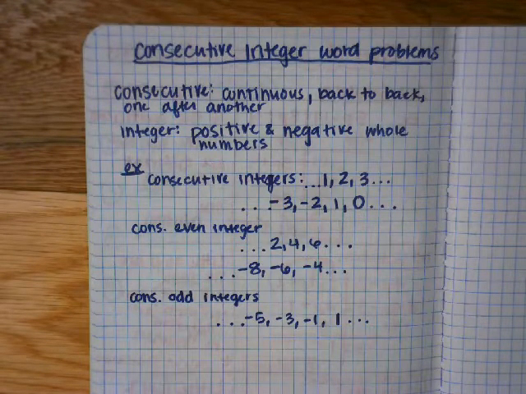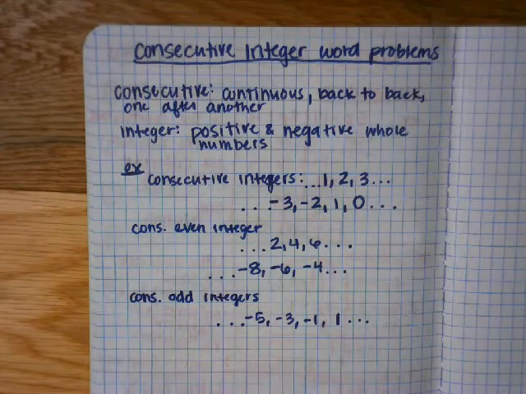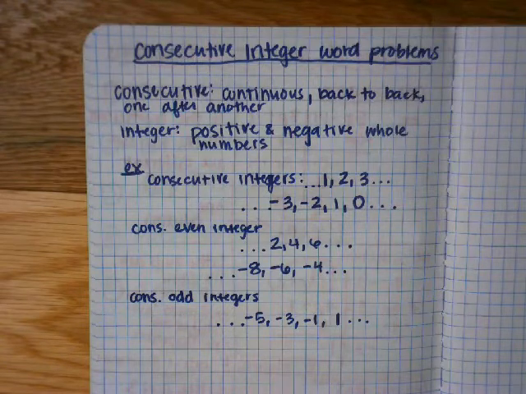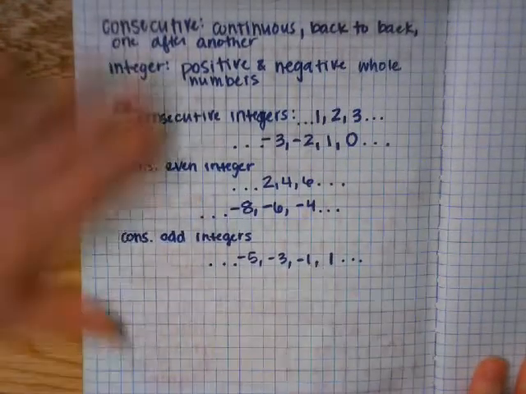Any questions on just what a consecutive integer set is, what it might look like? Okay, so let's take this a little bit into context now.